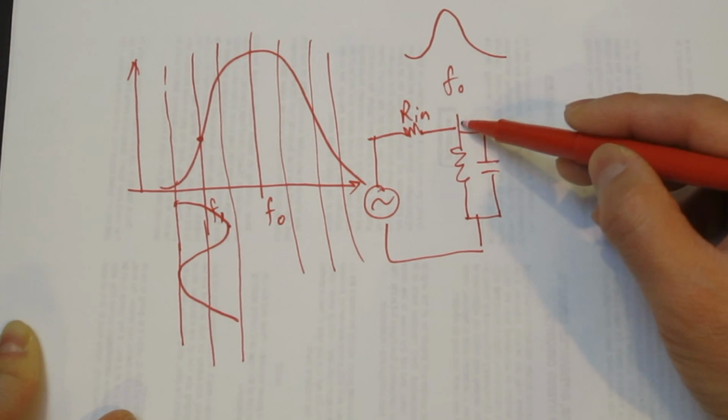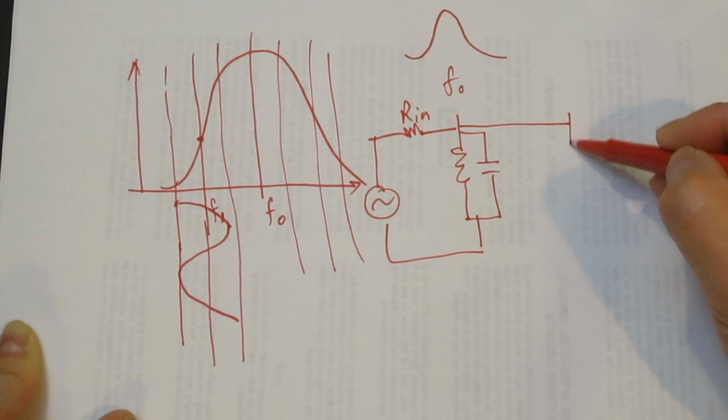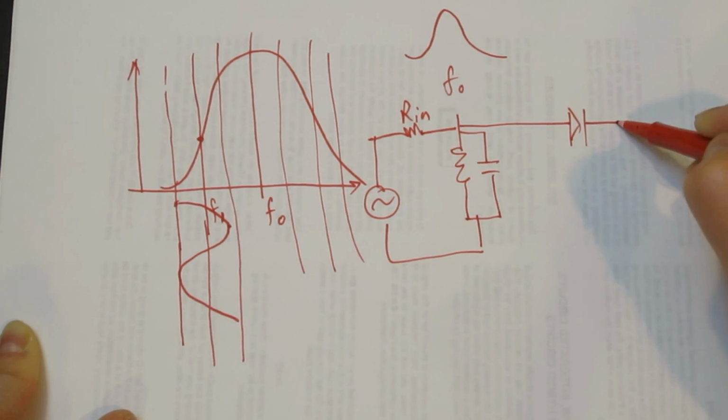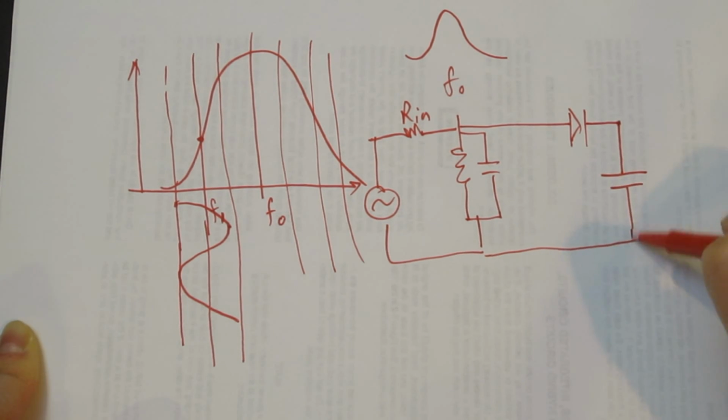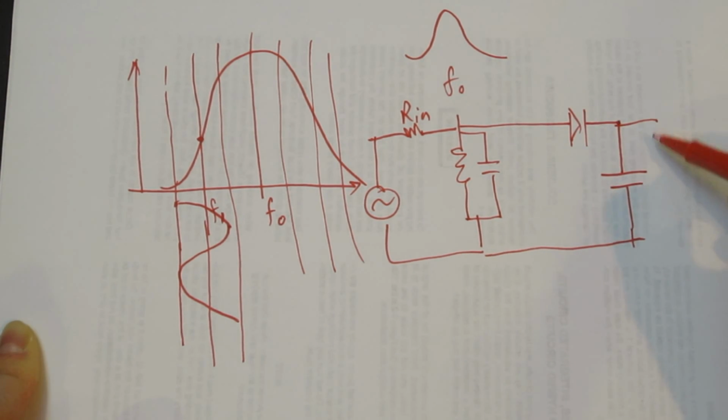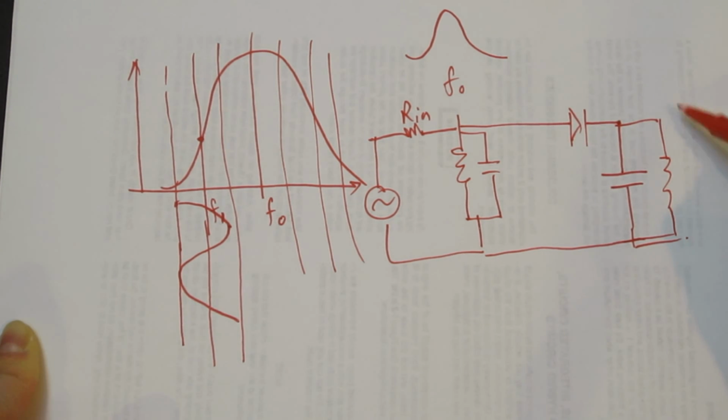After this, if we pass it through a typical diode detector, I'm not going to draw it, typically it's a diode followed by a capacitor, and depending on what you're detecting, such as a quasi-peak detector, you have a resistor at a certain value. But anyway, then we have our amplitude demodulated signal out here.